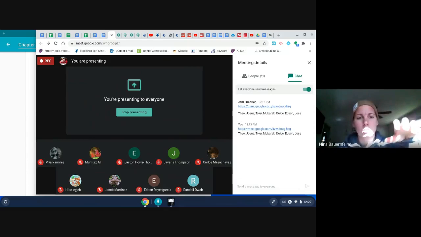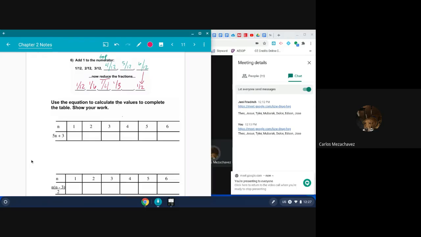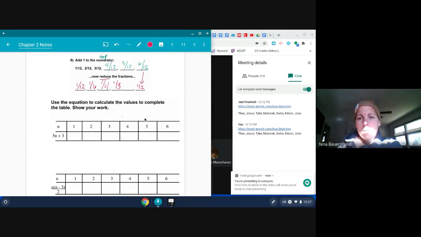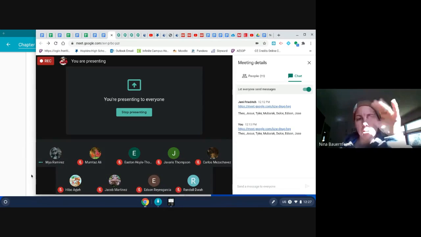Can you just say whether you can see or not, like if it's changing or if it's frozen? You can type it in the chat. Now I see the other worksheet. If it's frozen for you guys, sign out and sign back in. We'll still be in here, it'll still be presenting, but just try to log out and log back in.